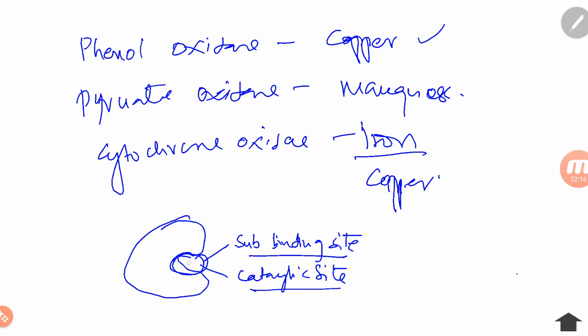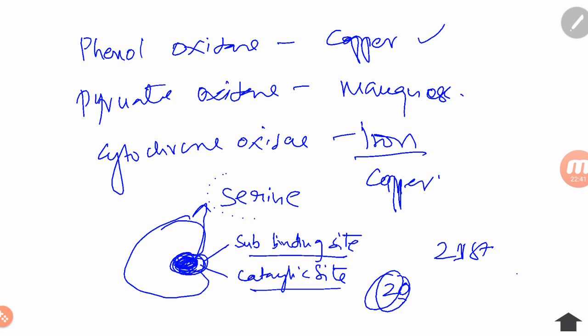And this is a structure, so it's going to contain amino acids. We know that amino acids are 20. The 21st amino acid is there, but majorly 20. Out of these 20 amino acids, the amino acid most frequently found at the active site is serine.